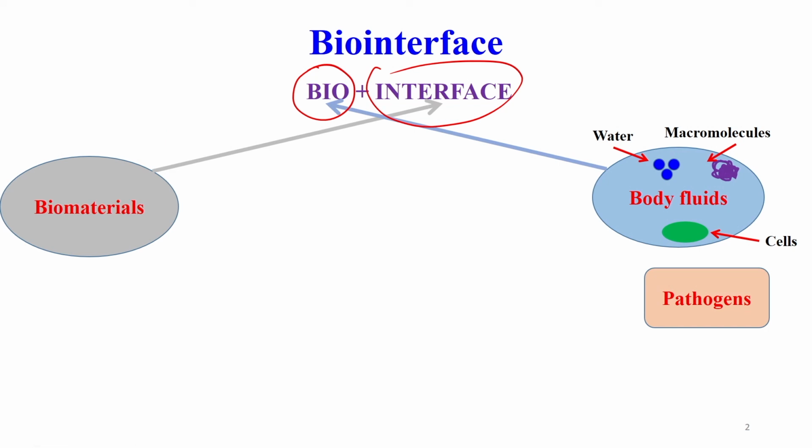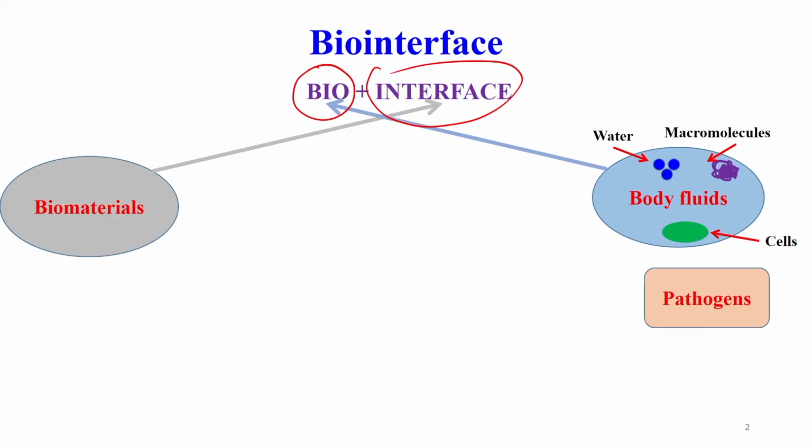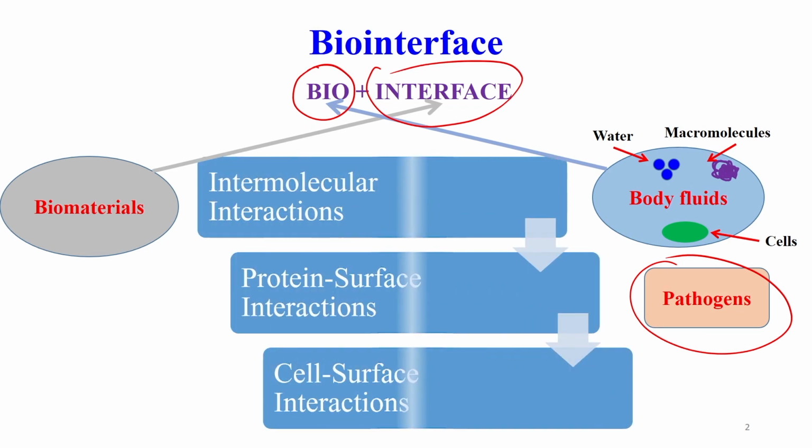So, whenever there is an interaction between this biomaterial and biological fluid, the biointerfacial interactions take place. Another example may be your biomaterials and the pathogens like bacteria, and the interaction of these two leads to the formation of biofilm.